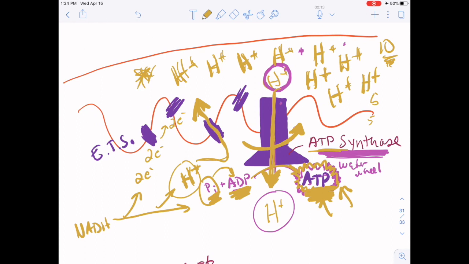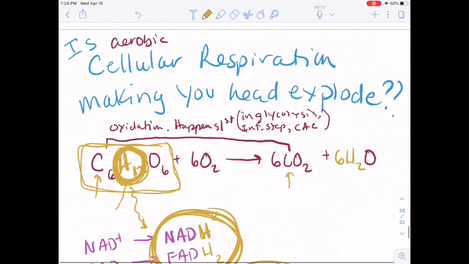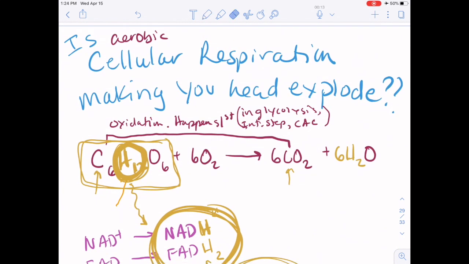But we're not done. Why aren't we done? Take a look at our equation, our chemical reaction: C6H12O6 plus 6 O2 yields 6 CO2 and 6 water. I have not seen anything with water yet. Have you? Has O2 gotten involved yet? Or did we produce a bunch of water yet?